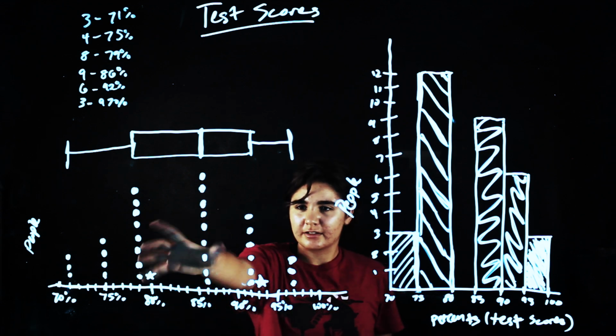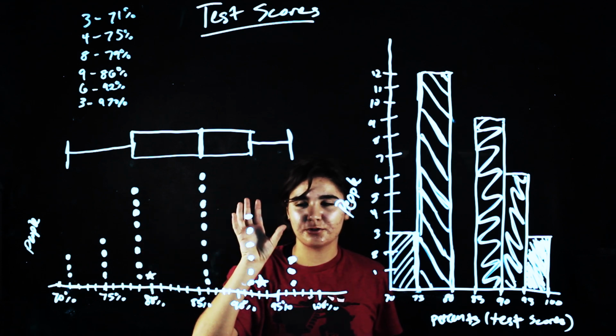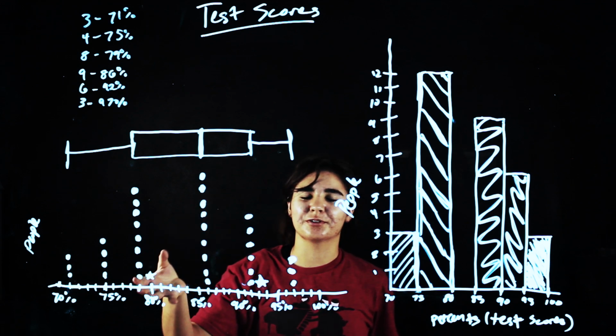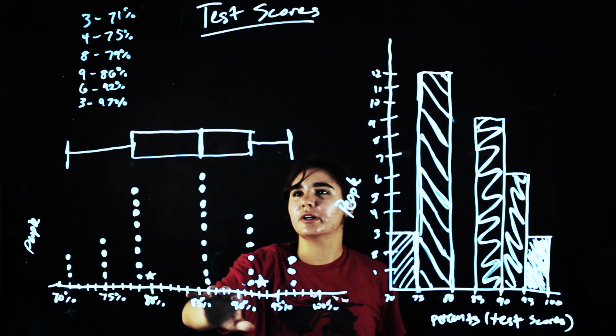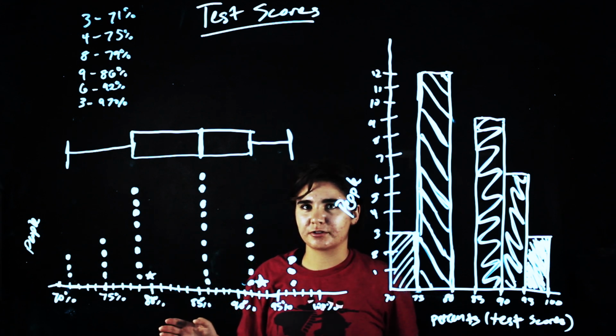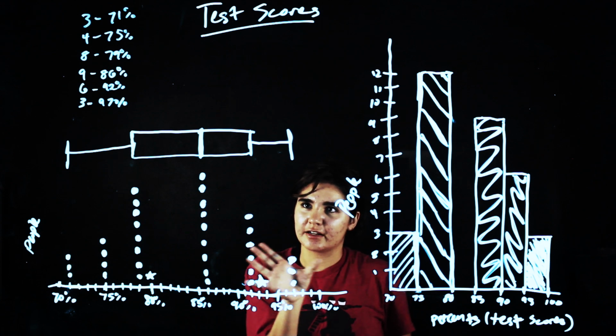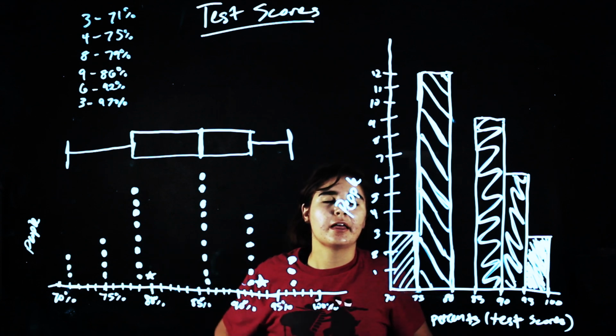So yeah, this graph is good at telling us what the exact numbers are, who got what, or not really who, you don't know any names, but the people that got what. And this graph is really good at telling us the median amounts, the range, where the data falls.